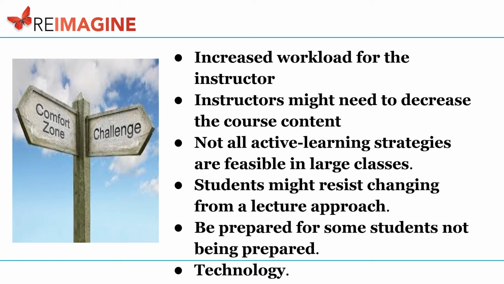Instructors might need to decrease the course content, so that's the other important thing. Sometimes when we have too much knowledge about one particular topic, we want the students to know everything that we know, which is humanly not possible. So it's important to see what's the most important thing that they will remember, even after the students are done with their course.